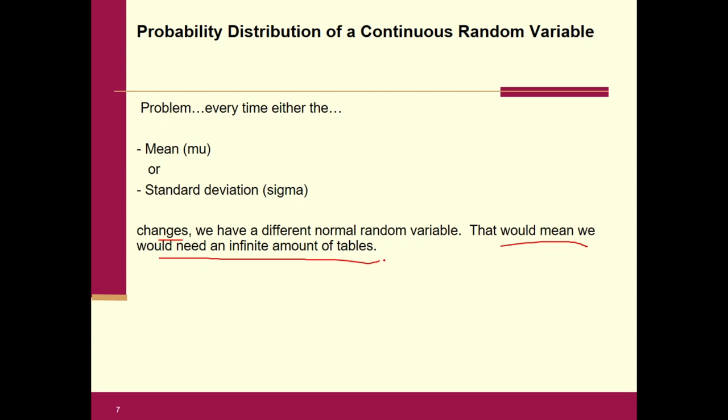The answer is no. And so mathematicians and early statisticians had basically a problem here. They said, okay, every time mu or sigma changes, we can't create a whole new table. Remember, this is well before computers, all right? They said, how are we going to solve this?